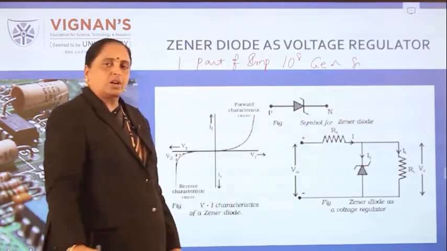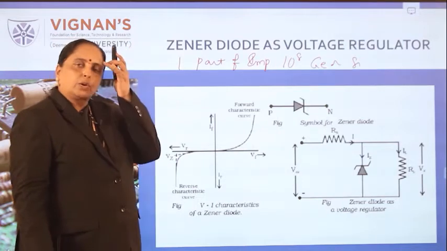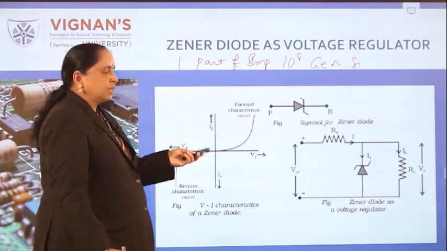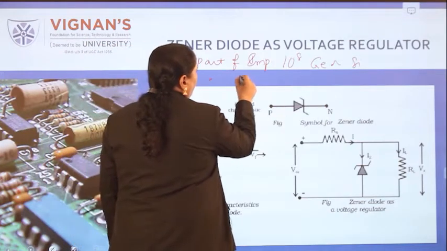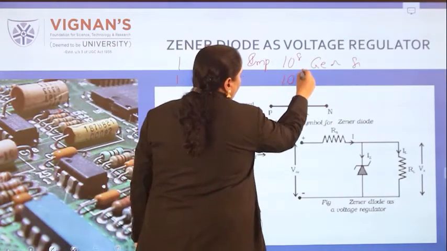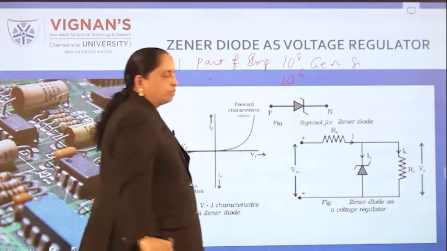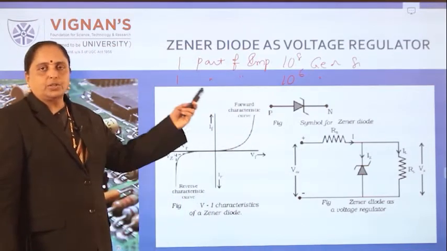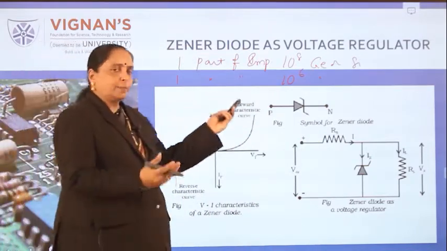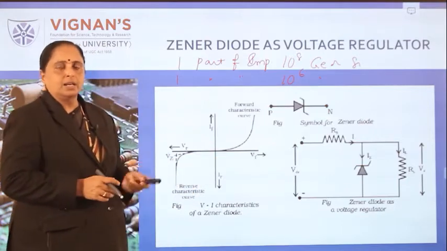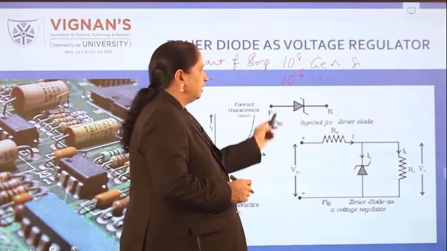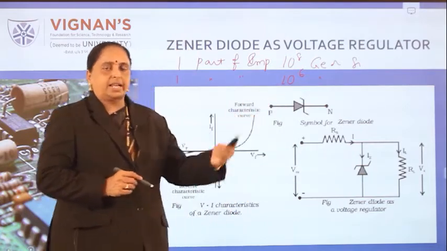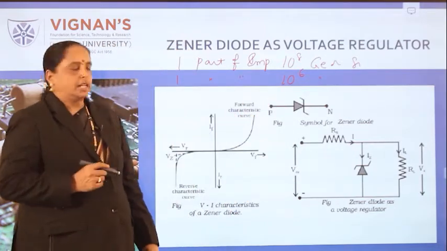This is known as normal doping, where avalanche breakdown will occur. Whereas in case of a Zener diode, the doping concentration is 1 part of impurity to 10 power 6 atoms of germanium or silicon. This is known as heavy doping. That is, to 10 power 6 atoms itself we are adding an impurity, and that will cause a Zener diode. Here the cathode is changed to a Z symbol, Z for Zener diode.